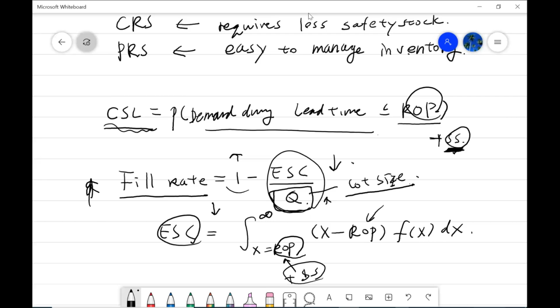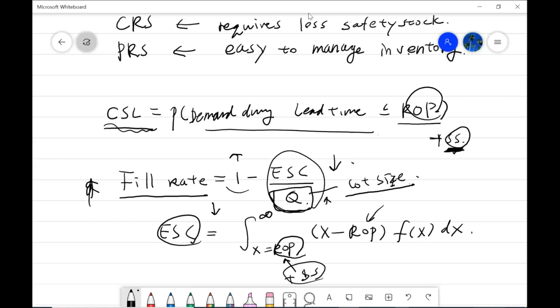In fact, many companies can show that their product availability is good by simply increasing the order quantity. But in fact, fill rate is not a good indicator of product availability, because by simply increasing the lot size, you can easily increase the fill rate.